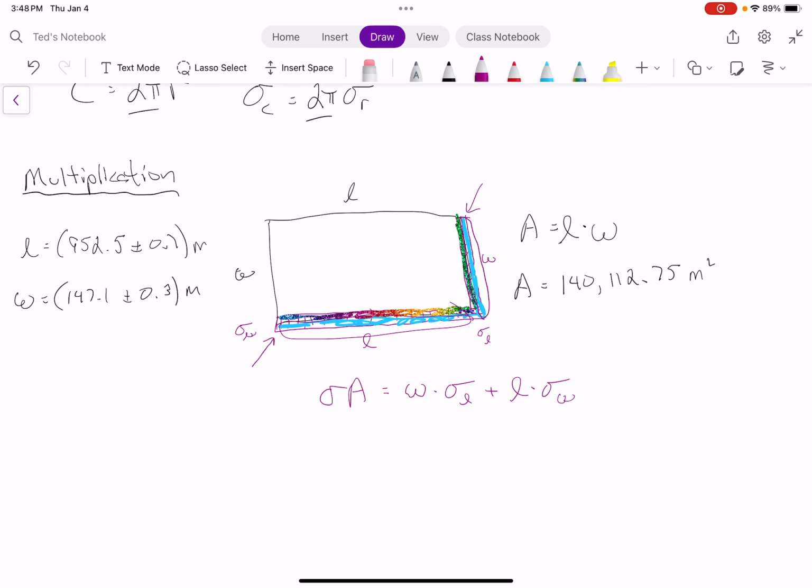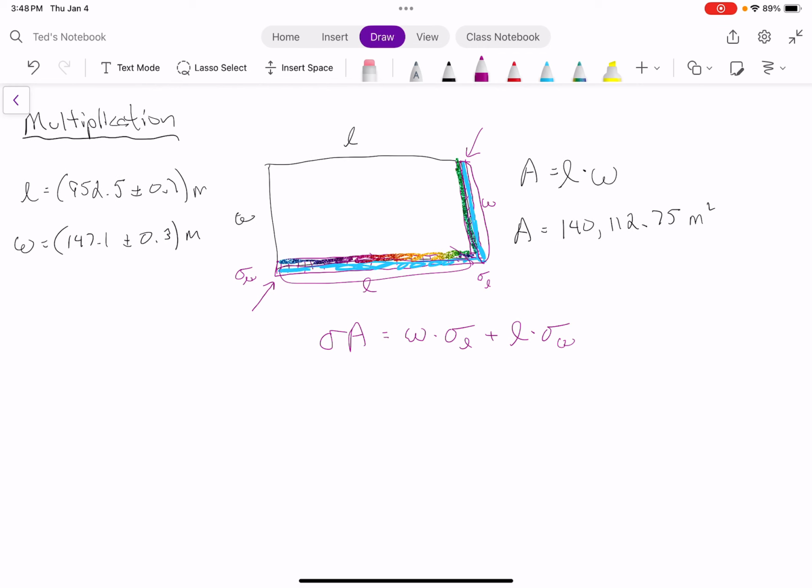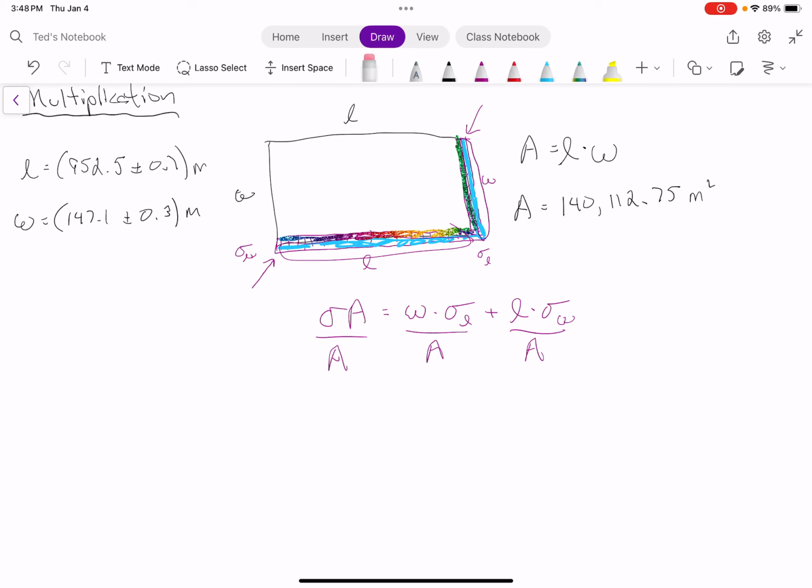Okay, so now I'm going to just rearrange some things. I'm going to divide this whole equation by A. So that means I have to divide both of these pieces by A. And on the right-hand side of the equation, I'm going to replace A with L times W, because A is equal to L times W. And you'll see that some things cancel.